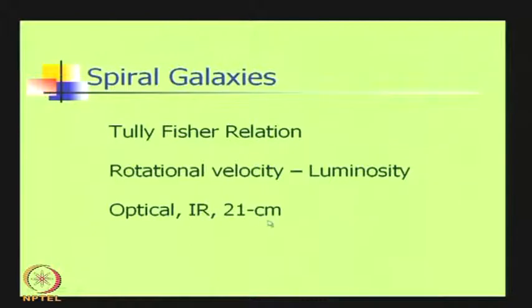And these observations can be done either in optical or in infrared or 21 centimeter neutral hydrogen, which we have discussed. Okay. So, here again if you can measure the rotational velocity, which is easy from Doppler shift, you can predict the luminosity of the galaxy.